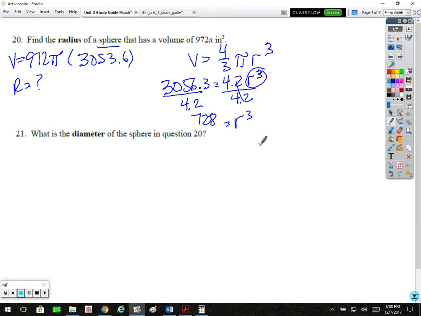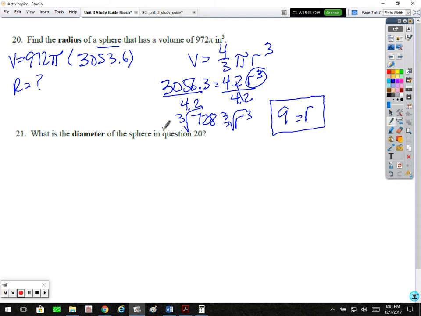And you take the cube root of that. Remember, this calculator won't do cube roots, but I do know that I can take the cube root to get r. And the cube root of 727 is a little over 9, so we'll actually leave it at 9. So 9 is the radius. Okay.